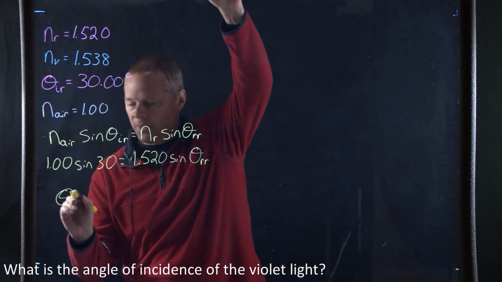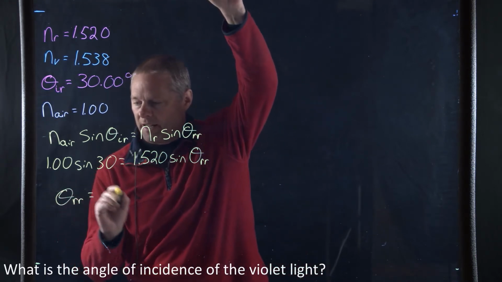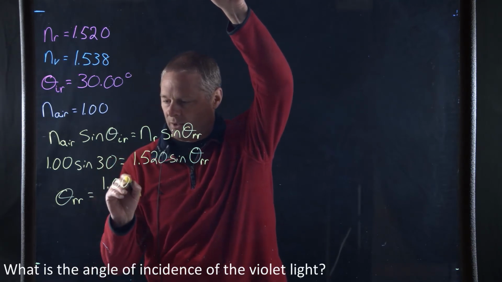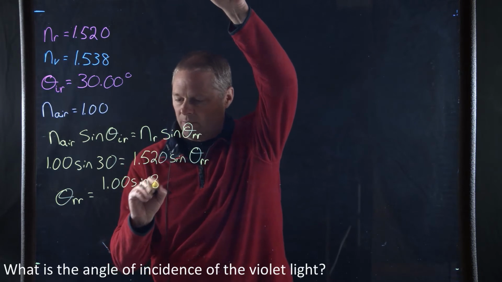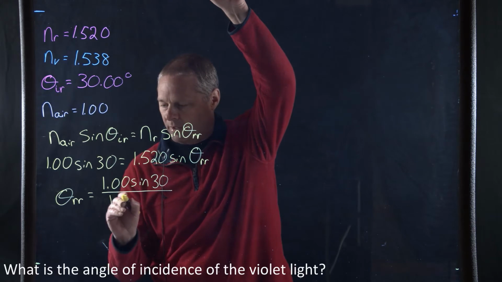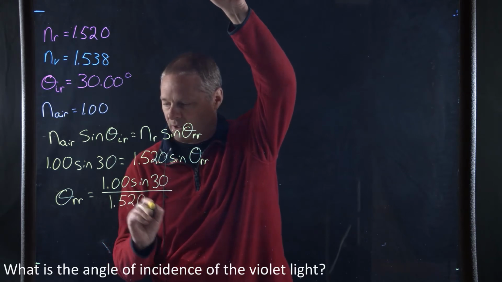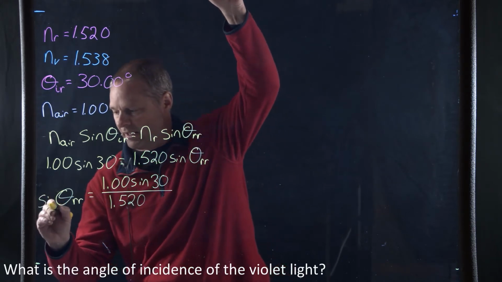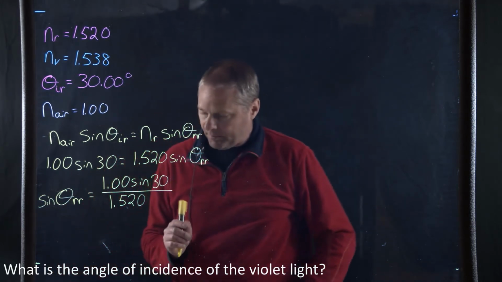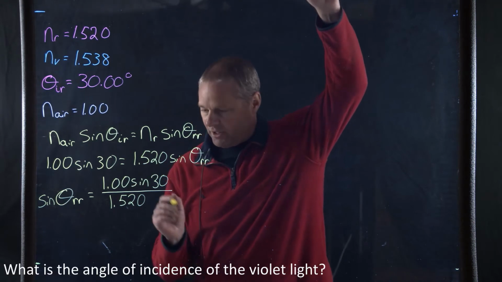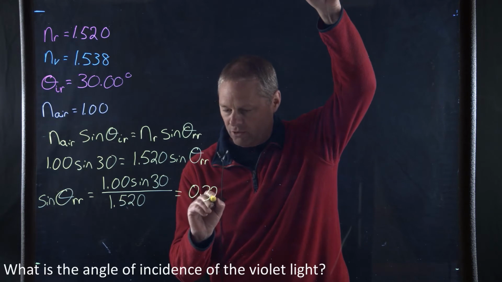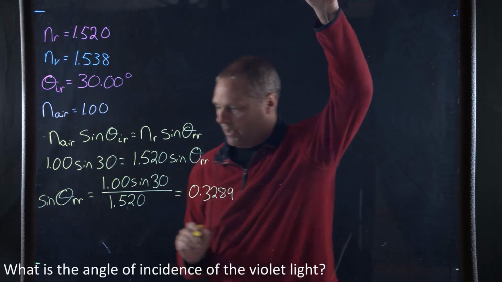Therefore, sine of theta RR is going to be equal to 1.00 sine of 30 degrees all upon 1.520. Oh, this should be the sine of theta RR. Sorry, I forgot about that. We do this calculation, and we find that this is equal to 0.3289.